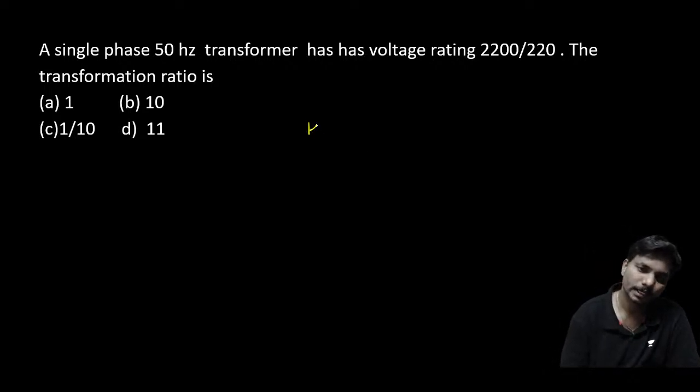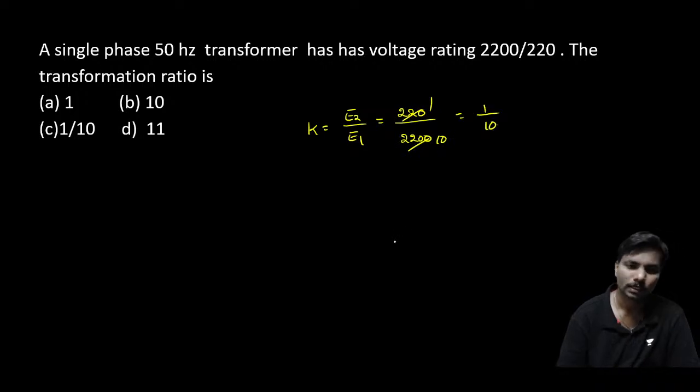Transformation ratio is K, that is nothing but E2 by E1 or V2 by V1. So 220 by 2200, that is equal to 1 by 10. So the answer is option C.